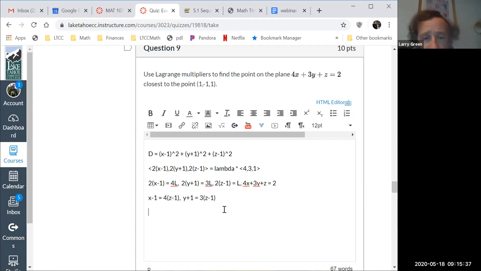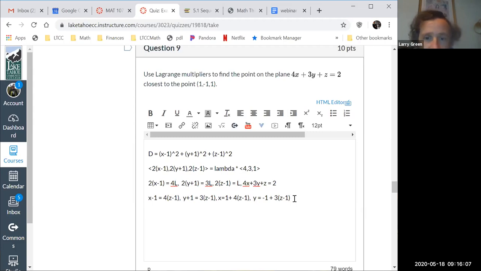Okay, let's solve for x and y in terms of z. So x equals 1 plus 4 times z minus 1, and y equals -1 plus 3 times z minus 1.